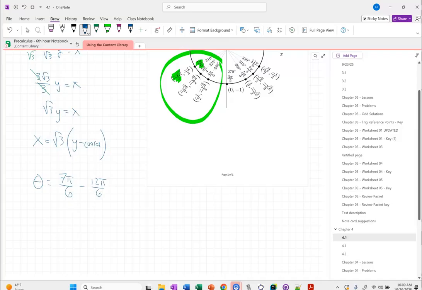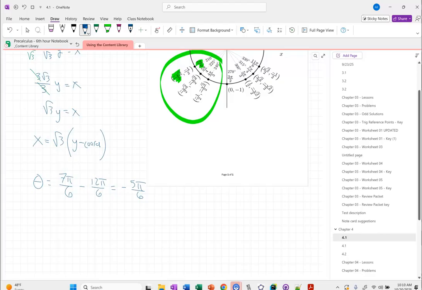I think by now we've gotten the picture with the common denominator thing. Is that okay with everybody? Yeah. All right. So I get negative 5 pi over 6. Is that between negative 5 pi and negative 4 pi? No, it's not, is it?